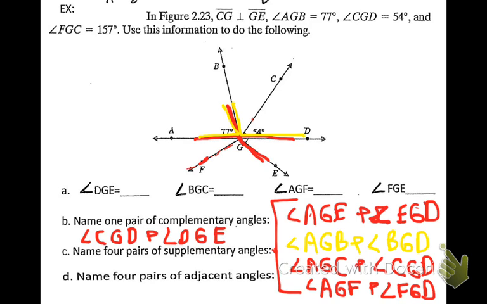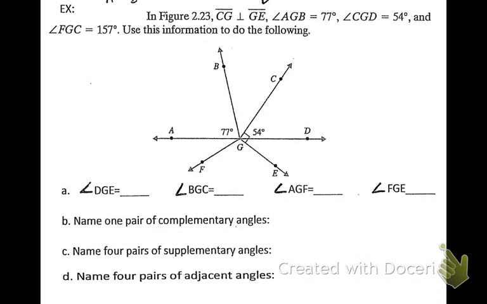All right, now let's clear that out. They're also going to ask you, and it's not in the notes, so you have to add this to the notes: name an acute angle.